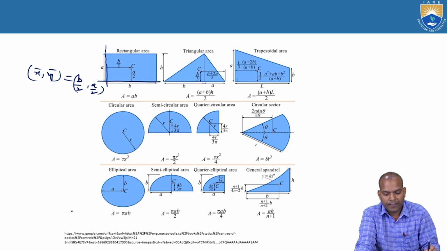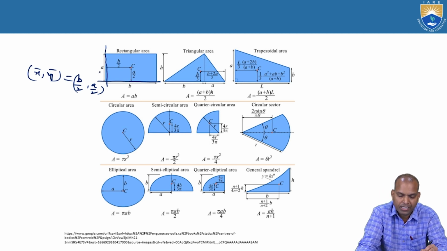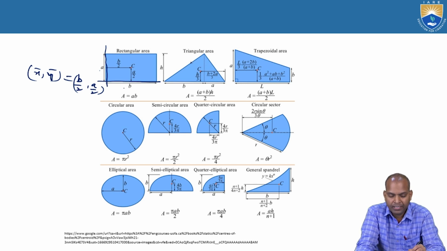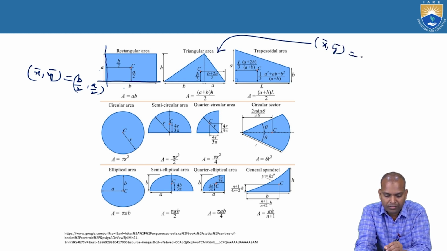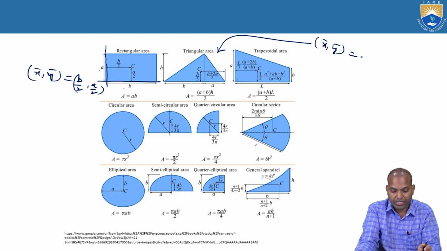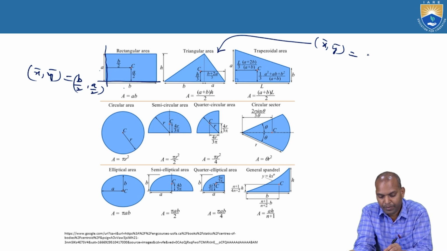Similarly, what is the area of this rectangle? a times b. For the triangle, what are x bar and y bar? That is b plus 2a by 3 comma h by 3.